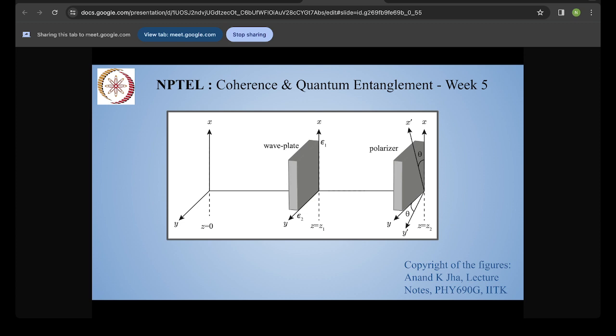This is a simple setup, but it perfectly mimics the setup of the Mach-Zehnder interferometer. How is it so, I will discuss now. You can see that this is the z equal to 0 plane, this is the z equal to z1 plane, and this is the z equal to z2 plane. From now on we will write the electric field in vectorial form, which is Ex(t) x cap plus Ey(t) y cap.